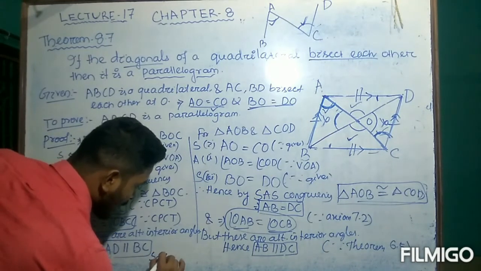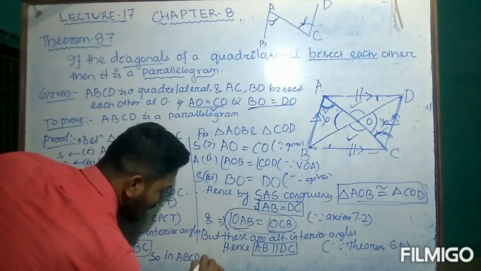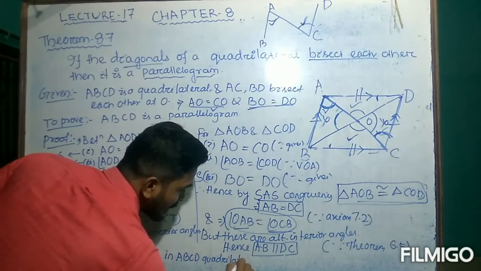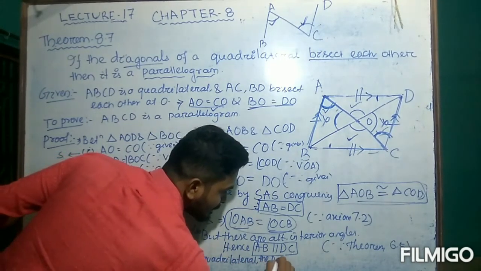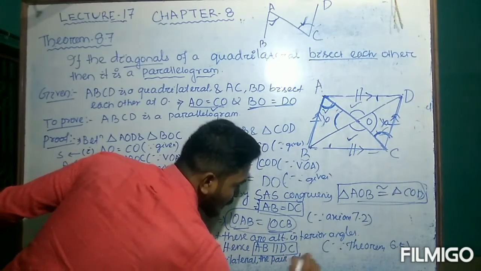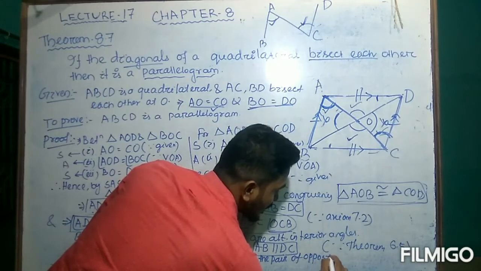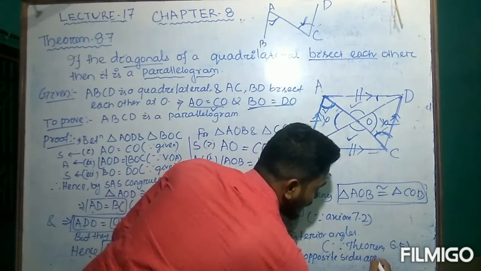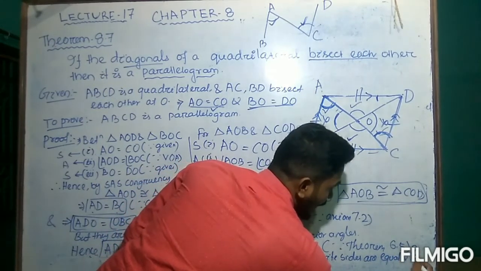So finally you can write, so in ABCD quadrilateral, the pair of opposite sides are equal and parallel.